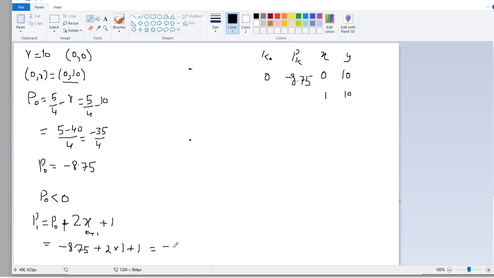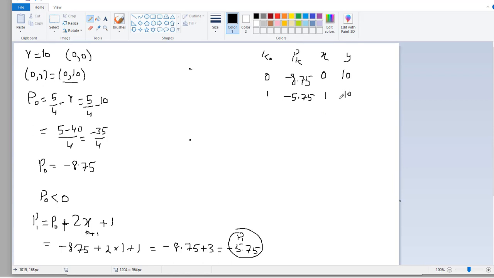This is equal to minus 8.75 plus 3. This is equal to minus 5.75. So P1 is equal to minus 5.75. So I will use P1 as minus 5.75 and k is 1. I will continue like this and find the remaining points.